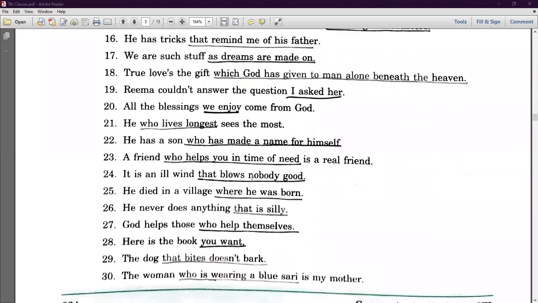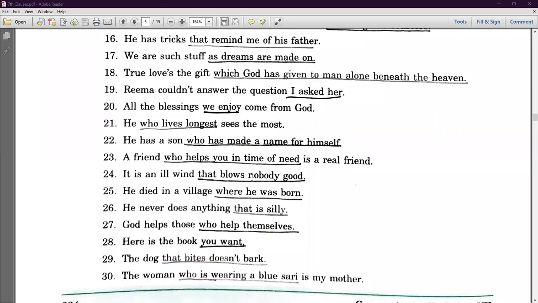All the blessings we enjoy come from God. He who lives longest sees the most. He has a son who has made a name for himself. A friend who helps you in time of need is a real friend.